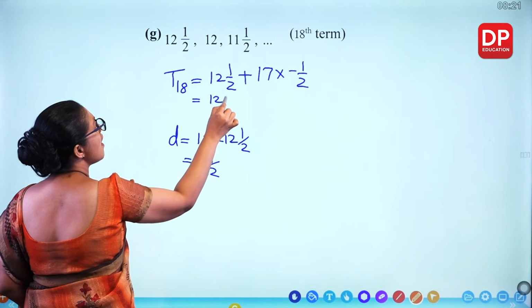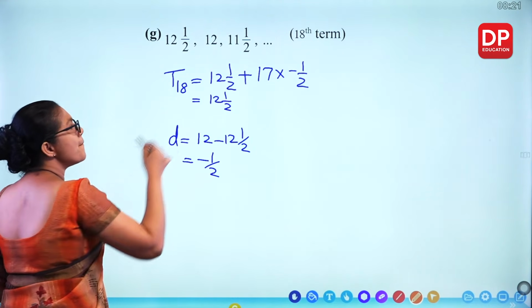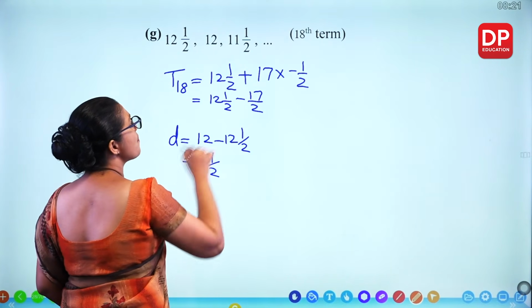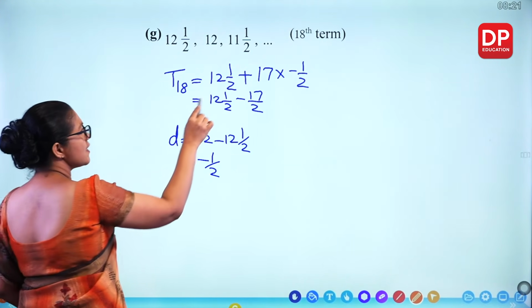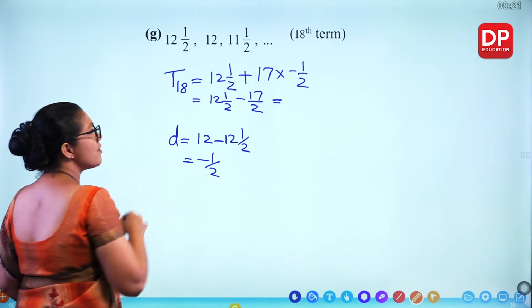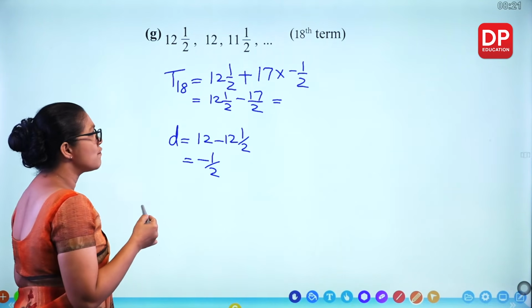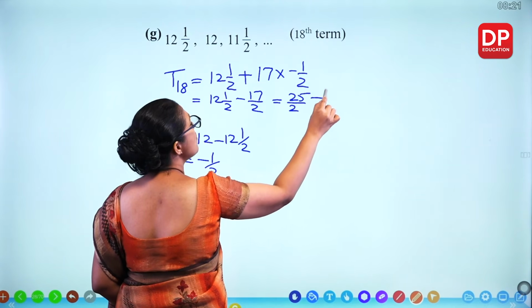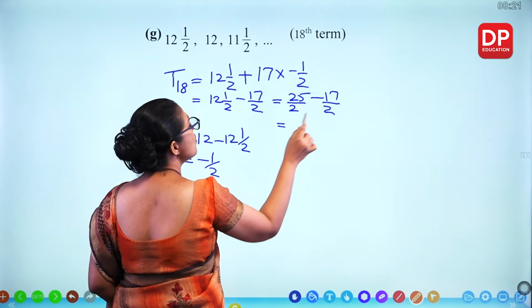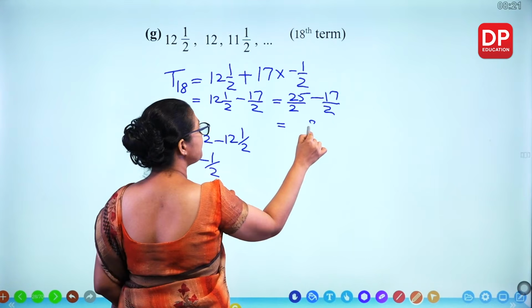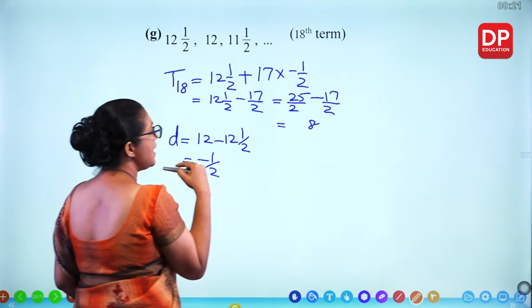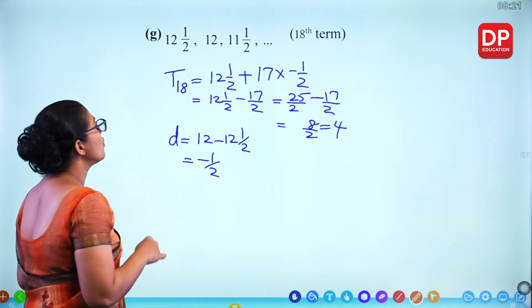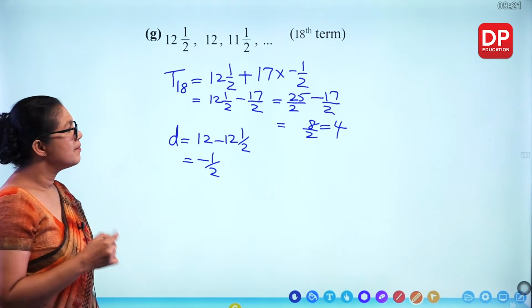So 12.5, when you multiply these two, you get minus 17 over 2. So what's that? Convert to an improper fraction. 2 times 12, 24. 24 plus 1 is 25. 25 over 2 minus 17 over 2. When you subtract, you get 8 over 2. That's 4. So 18th term is 4.